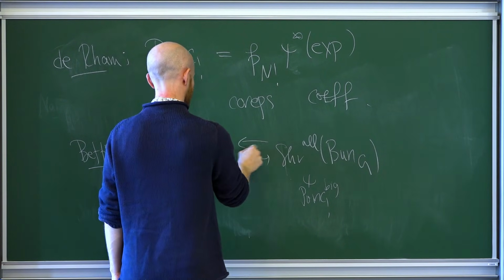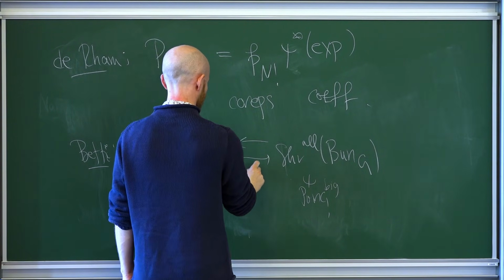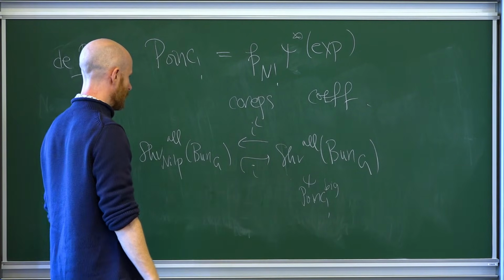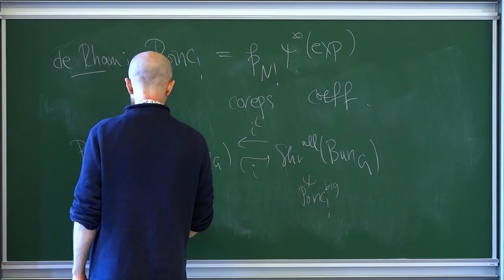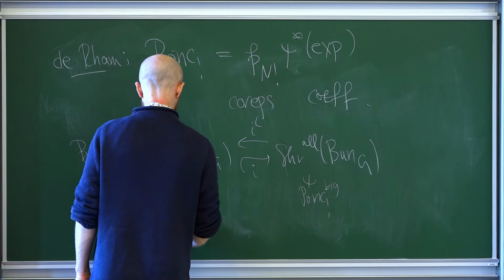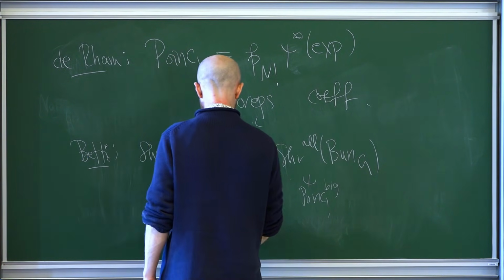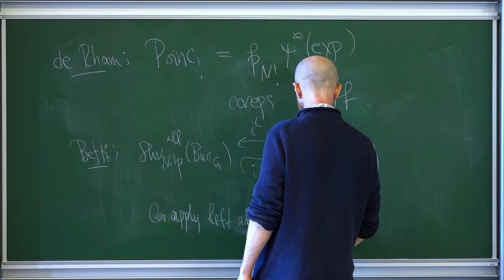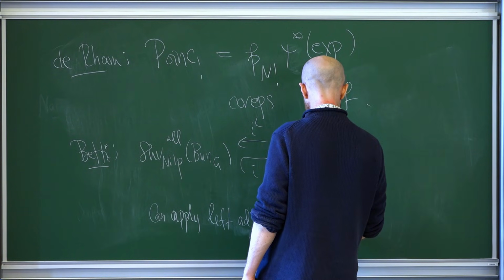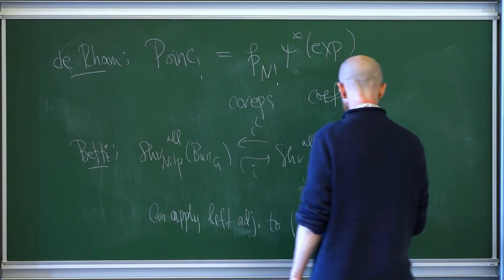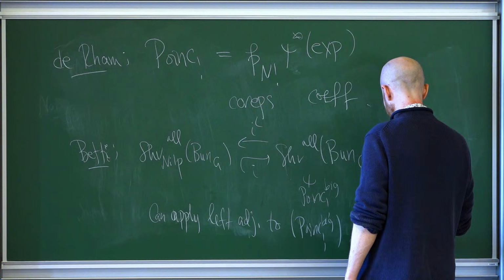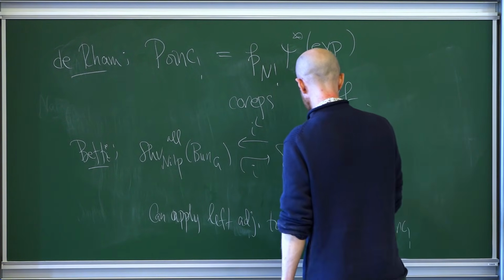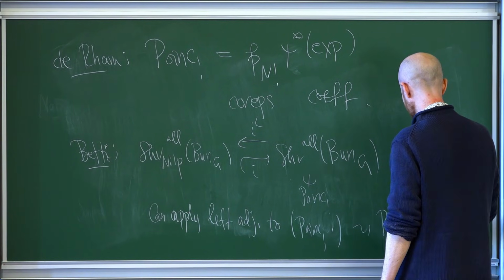And then it turns out that this embedding actually admits a left adjoint. And so I can apply my left adjoint to this Poincaré shriek big, and I'll get an object. Let me not call it big. Let me do this, and then I'll call this nilp.